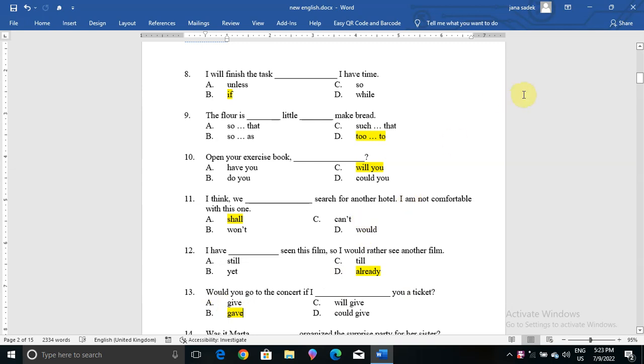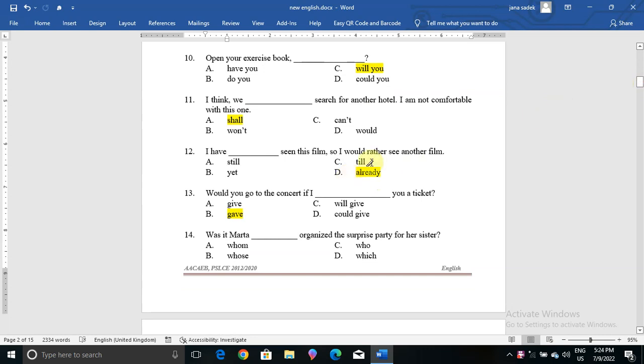Okay, now question number 14. Question number 14 says, was it Martha dash organized a surprise party for her sister? Now he is asking about a person, right? And whom, whose, who, and which are the choices for this question. First of all, which can't be the answer. Why? Because which is used for asking about objects or things. So which is cancelled.